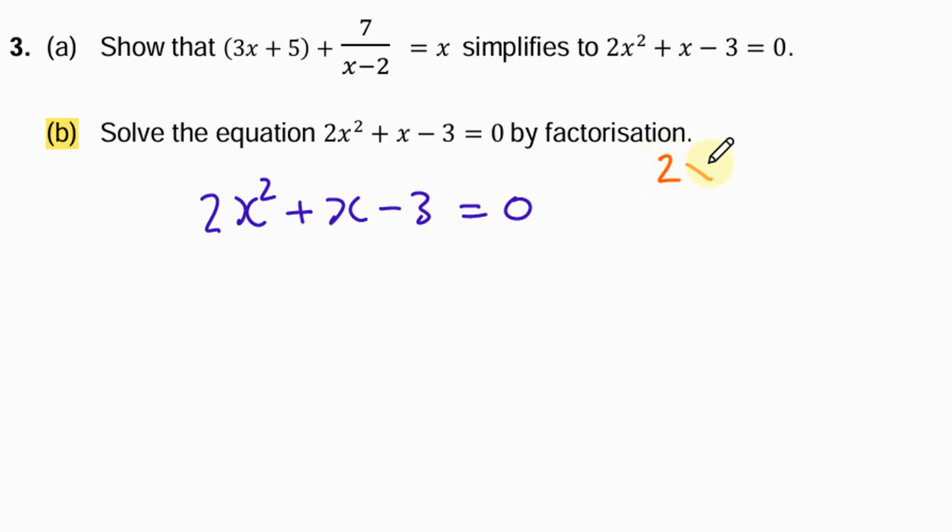So 2 times negative 3 will give us negative 6. Now we look for the factors of 6. It will be 1 and 6, and 2 and 3. Now our middle term here must be positive 1x. 1 and 6 can never give us positive 1, so this won't work. 2 and 3 can give us positive 1 if the 2 is negative and the 3 positive.